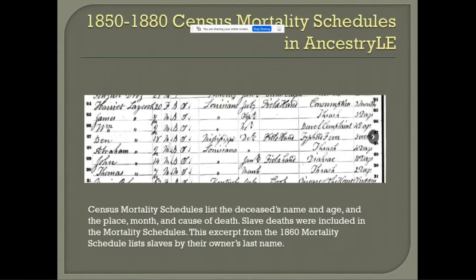Mortality schedules. These are from the 1860 mortality schedule from Baton Rouge, Louisiana. The slaves are all listed with the owner's name.